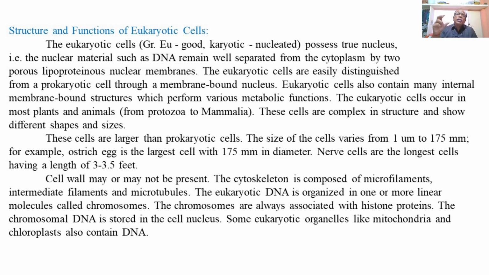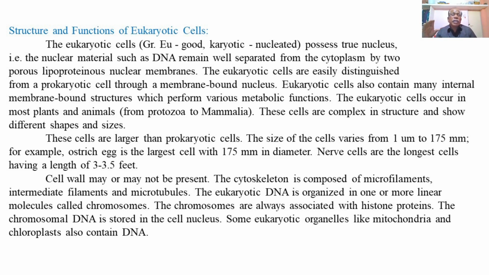So, these are semi-autonomous bodies or cell organelles present in the cytoplasm of the eukaryotic cells because of the presence of their own DNA or genetic material, which helps them to perform their function properly, maybe the process of photosynthesis or the synthesis of energy by the mitochondria.